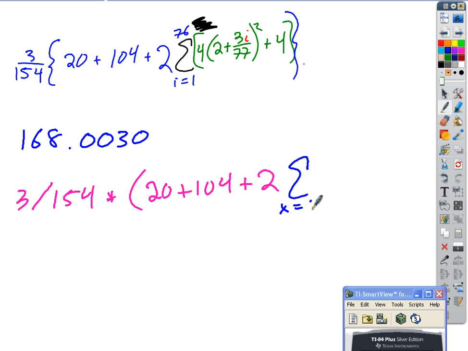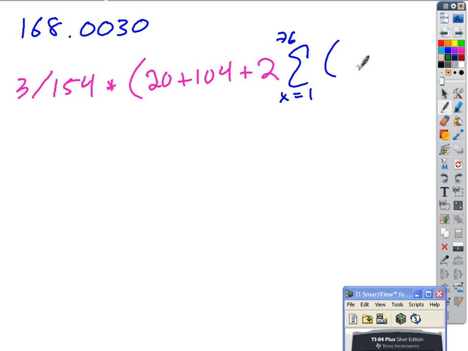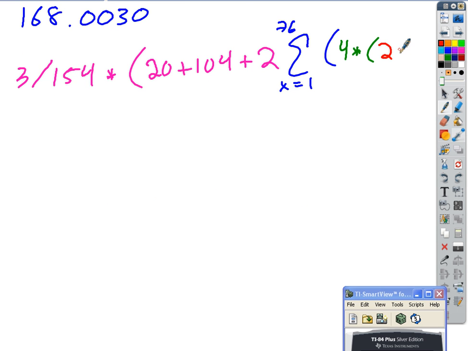In the parentheses we've got 4 times quantity 2 plus 3x over 77, quantity squared.